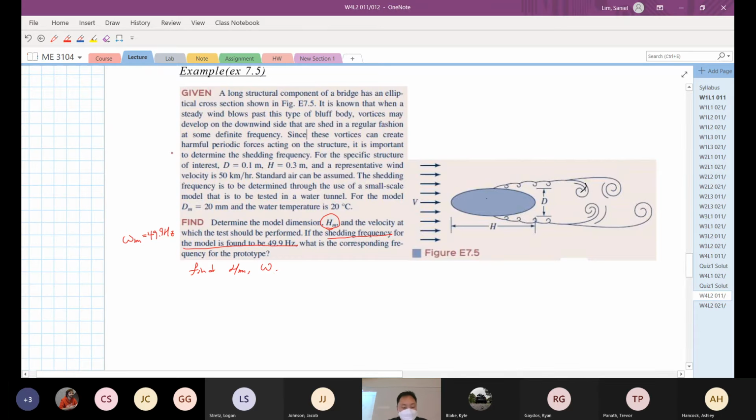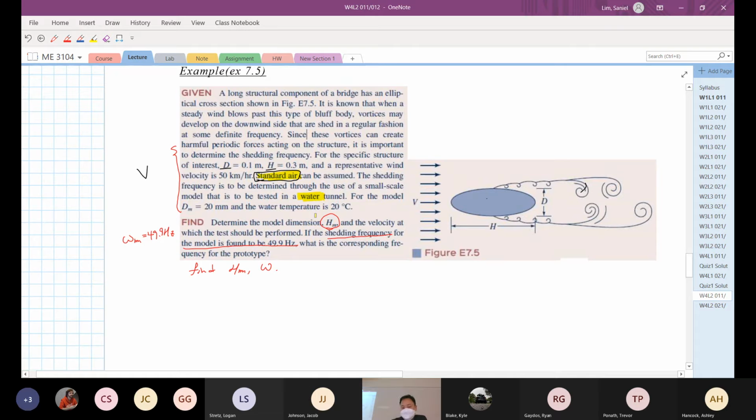Then those variables are given here in the function. We have D, H, then the wind velocity V is given. And we have the air in the real system. Then the shedding frequency is to be determined through the use of the small scale model in the water. So that is one prototype in the air, model in the water.